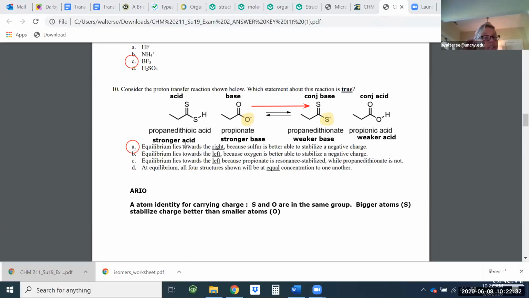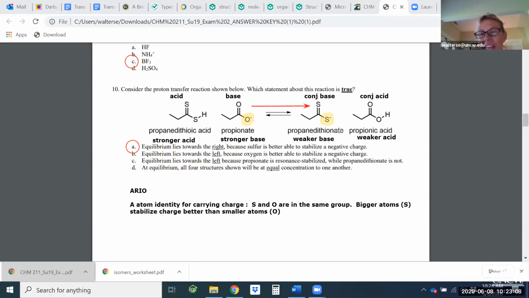As long as you can work through that analysis using atom identity and then ranking strength, you can show the direction from strong acid to weak acid. And the reason it's true is that sulfur is better able to stabilize a negative charge. So you could have stopped right here, but I like to have two pieces of information that tell me the same thing.